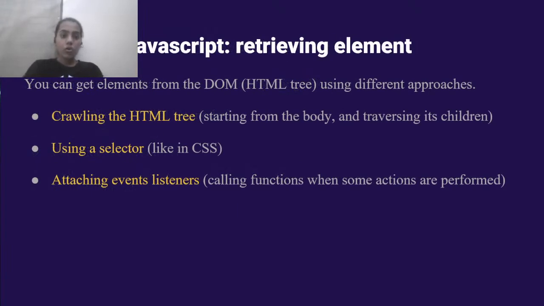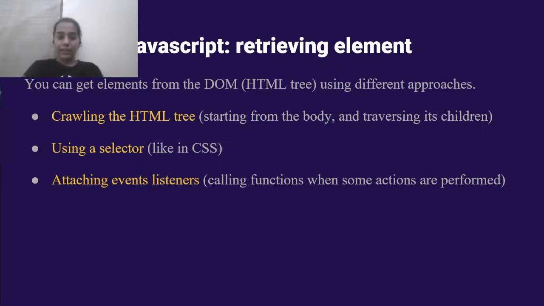Now we have talked about APIs, so let's see how JavaScript retrieves elements. You can retrieve elements from the DOM, the HTML tree, using different approaches. Let us talk about those approaches. First is the crawling the HTML tree approach, which starts from the body and traverses its children.